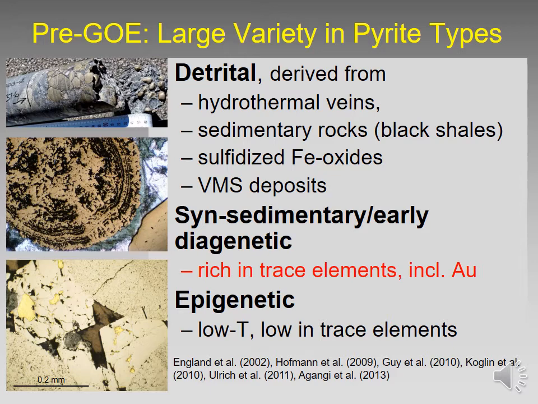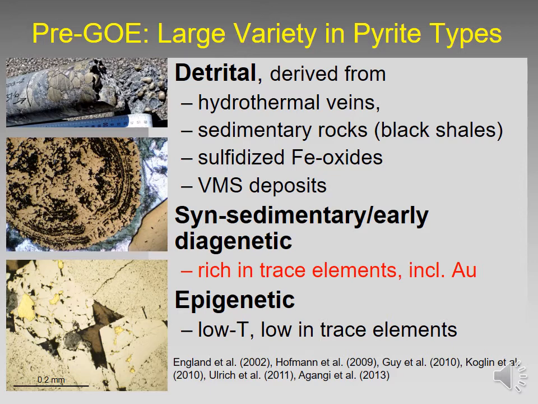We find an early diagenetic pyrite, which is this sort of concentrically laminated pyrite. And we find clearly epigenetic pyrite, as I've shown you already in a previous picture. Particularly interesting are these concentrically laminated pyrites because they are very rich in a whole bunch of trace elements, including gold.